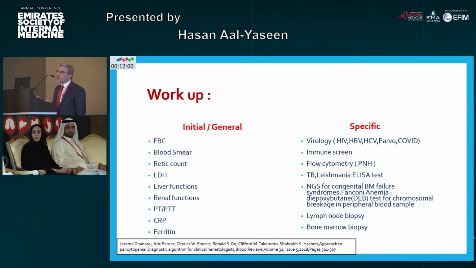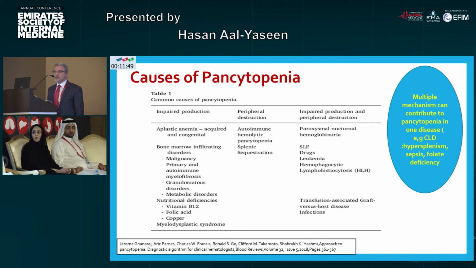And of course, bone marrow aspiration and biopsy is one of the main cornerstone tests that should be done for pancytopenia accordingly. And if patients have palpable lymph nodes, you have to take one lymph node for histology.